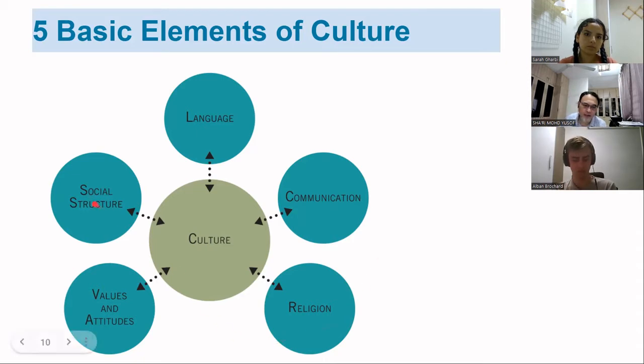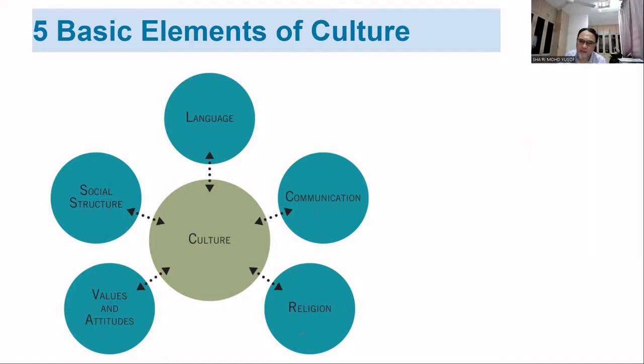We have social structure, language, communication, religion, values, and attitudes. This is what people have come up with. This is a basic.